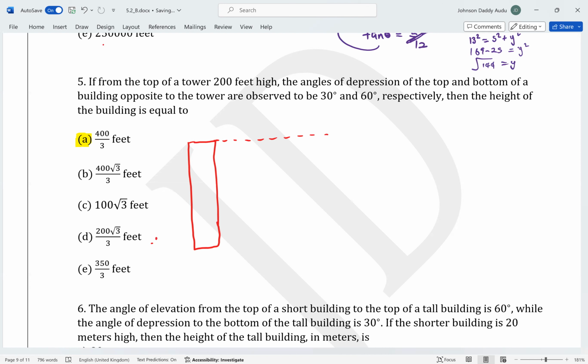Because here we're saying 30 and 60 respectively, top and bottom. So the angle of depression to the top is 30, and the angle of depression to the bottom is 60, because you can see top comes before bottom. So the 30-degree is for the top and the 60-degree is for the bottom. So let's say this is the building here.